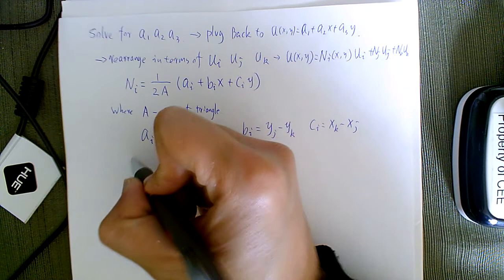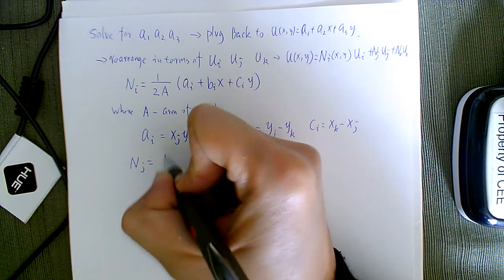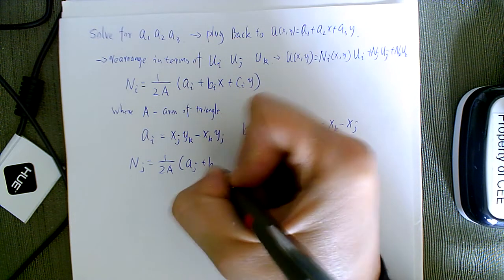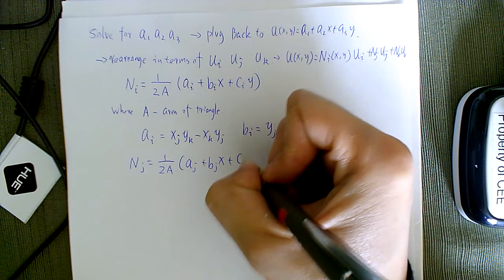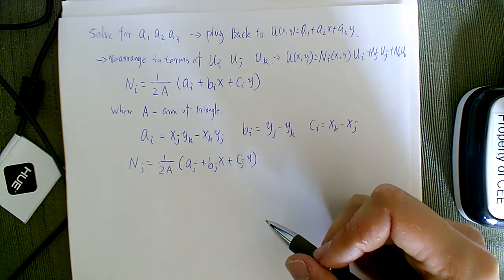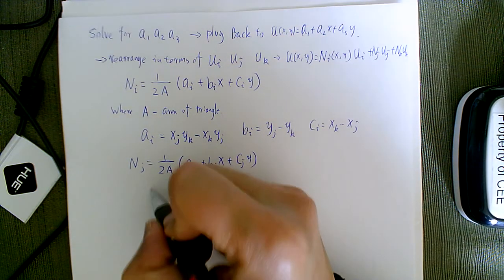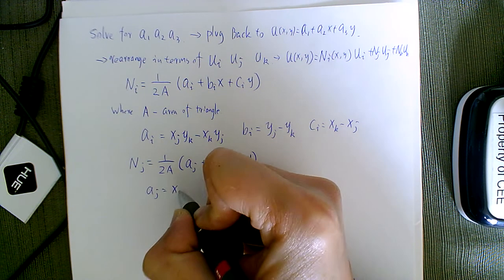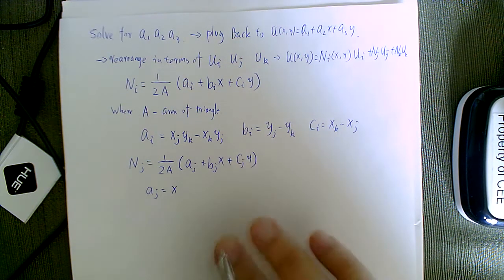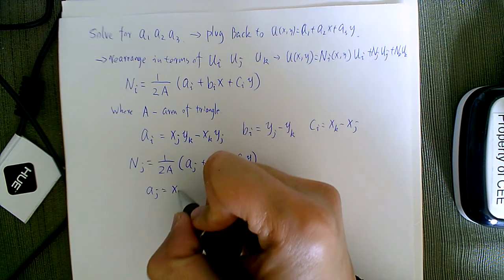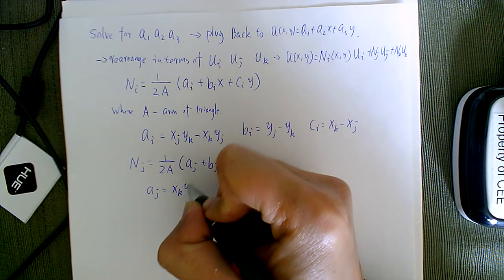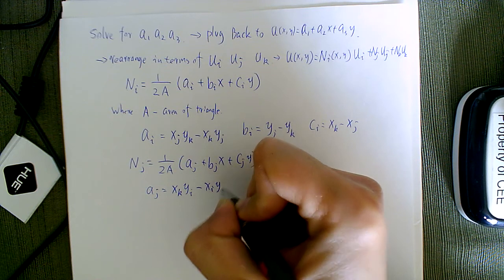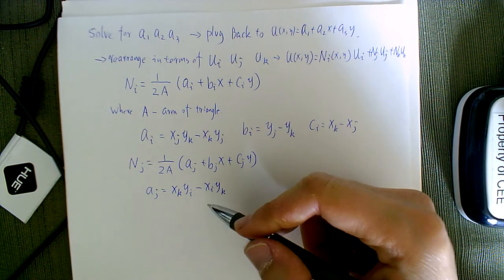Then apparently Nj equals 1 over 2A times (aj plus bj x plus cj y). I'll just say aj equals xk yi minus xi yk. Here the sequence has to be right. You can't flip it.